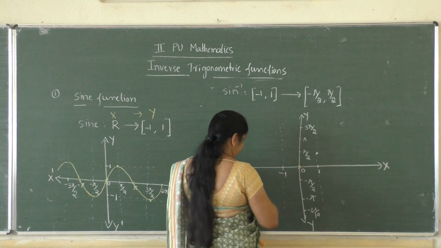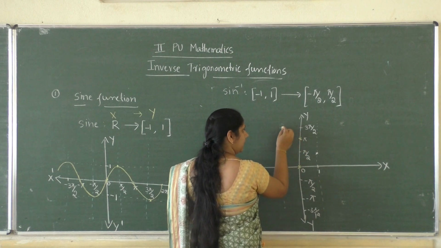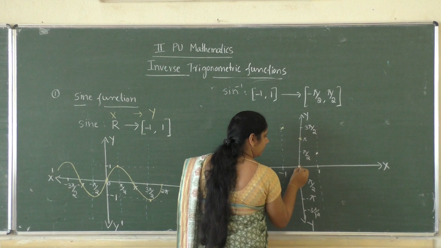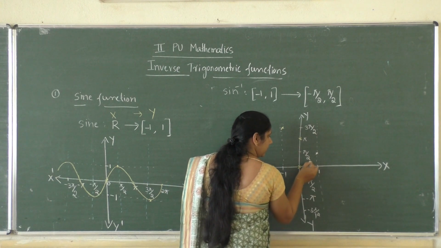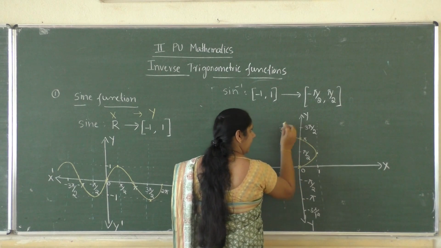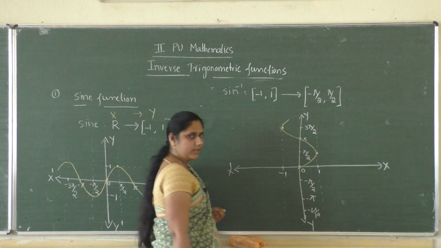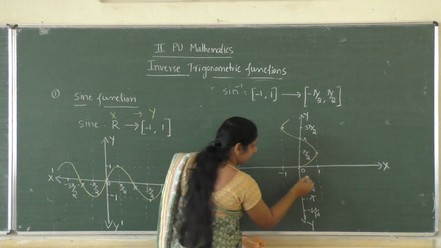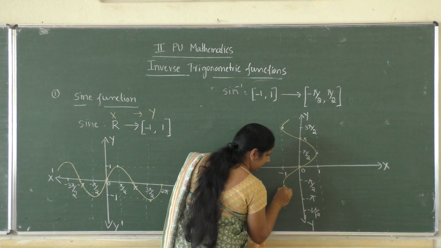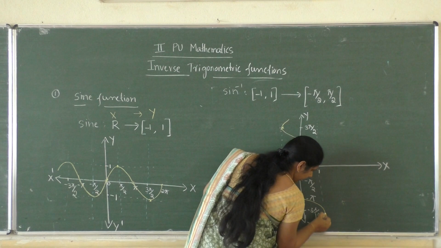Next, sin pi is 0, and at 3 pi by 2 it is minus 1, and so on. So now we join this like this. Again when it becomes 2 pi, 0, the graph continues like this. Similarly on this side, minus pi by 2 gives minus 1, minus pi gives 0, minus 3 pi by 2 gives 1, and so on.